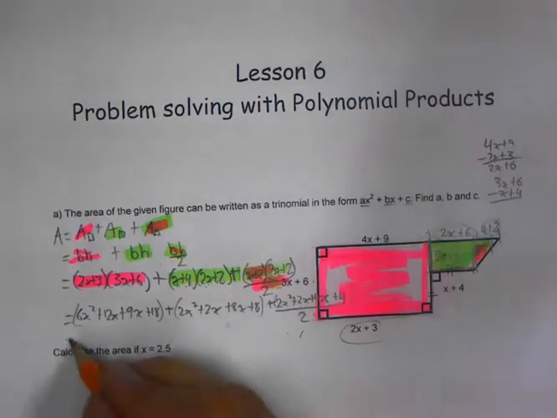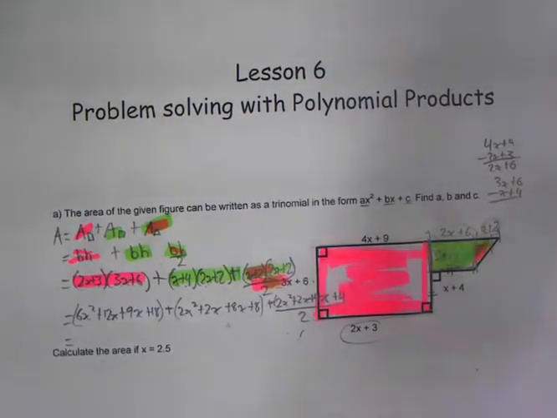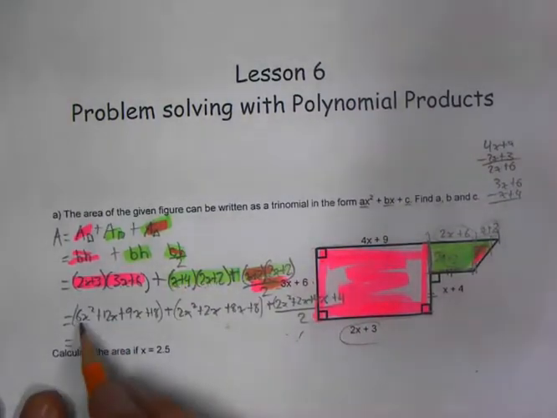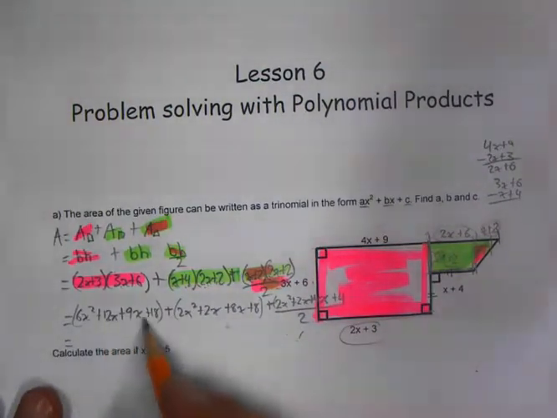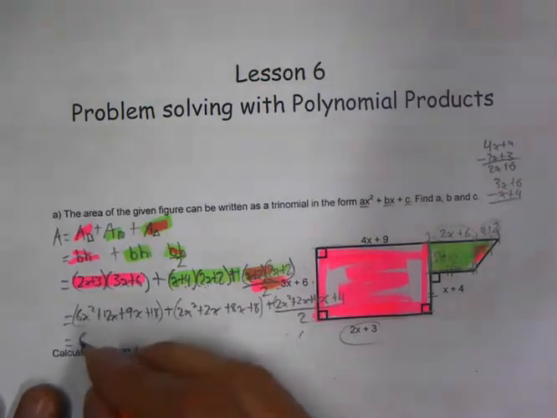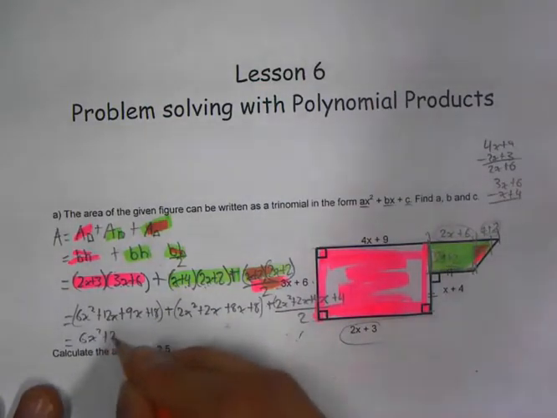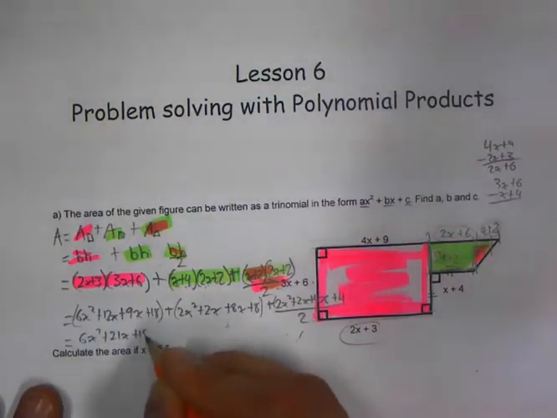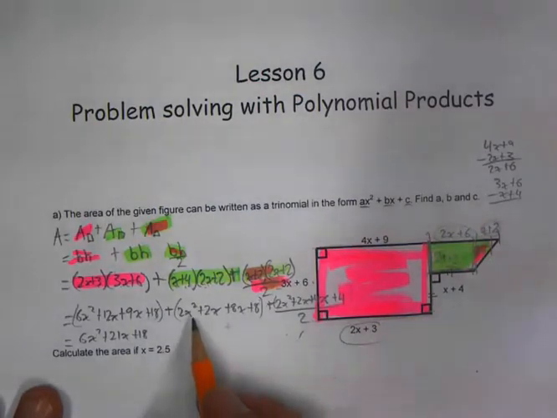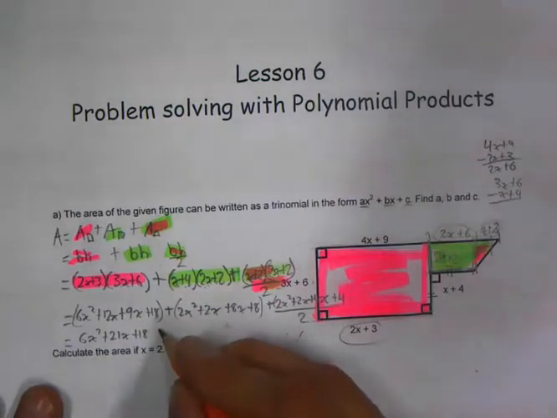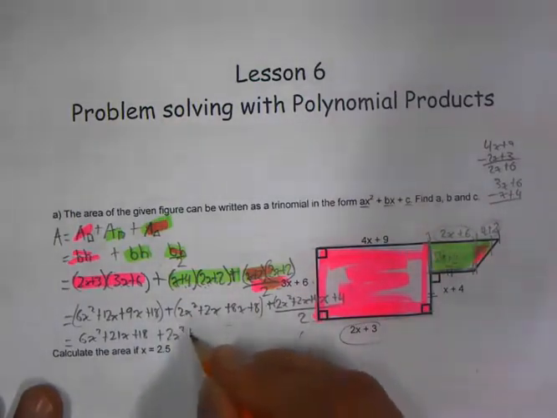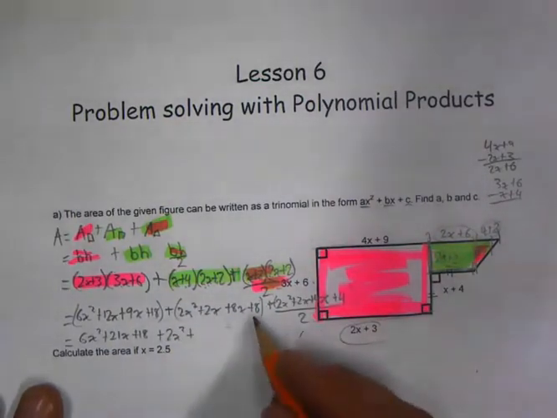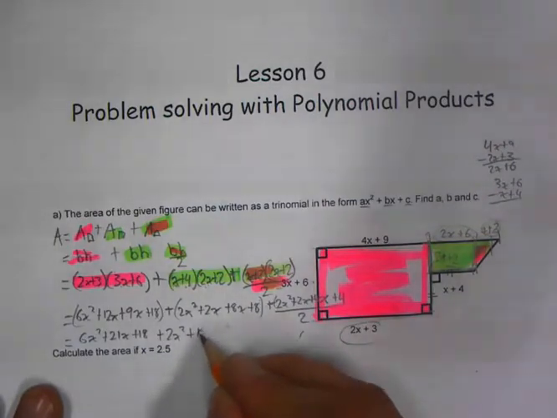So let's combine the like terms of each one of these in the brackets, and we're going to combine them one more time. So we have 6x squared plus 21x plus 18. Now here I'm going to have 2x squared plus 10x plus 8.